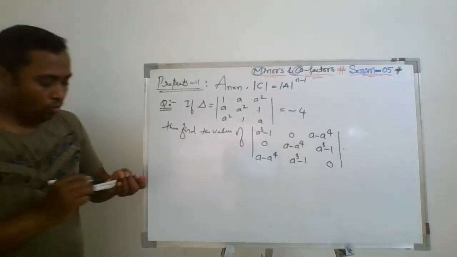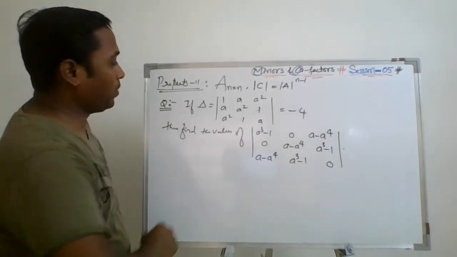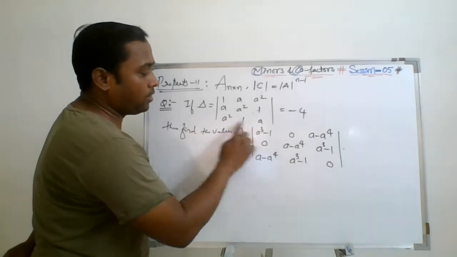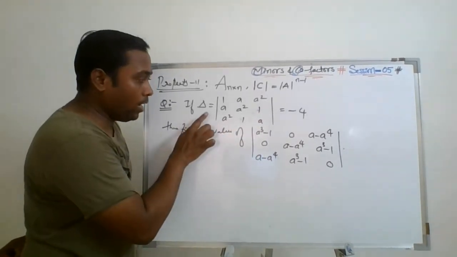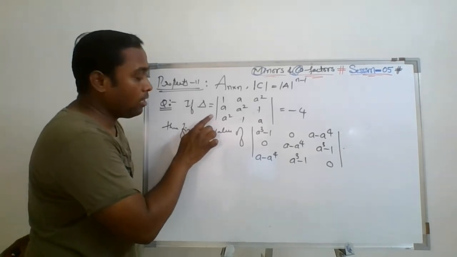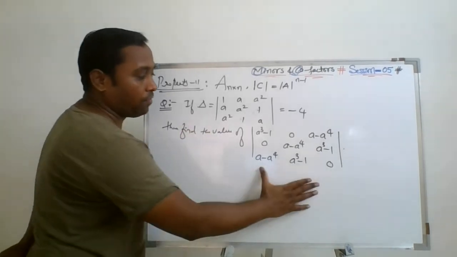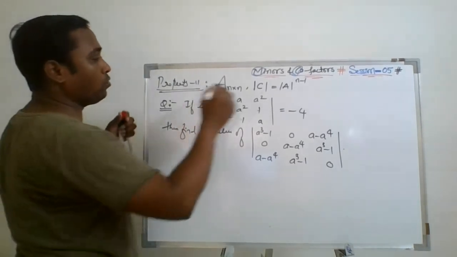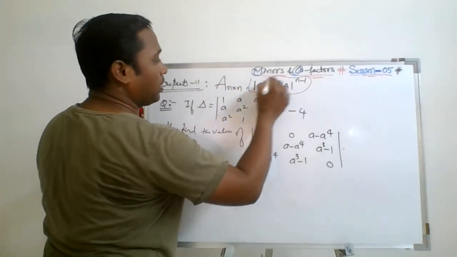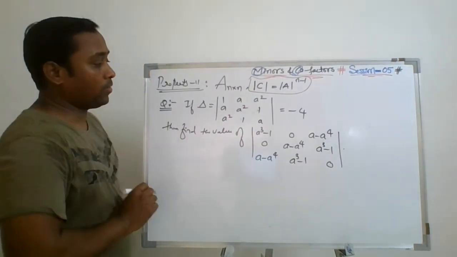Now see how logically this question is framed. The determinant of this 3 by 3 matrix is already given as minus 4. With the help of this statement, we are going to find the determinant of this. Now, how will this property help you, how smartly they are framing it based on this property. Try to understand.